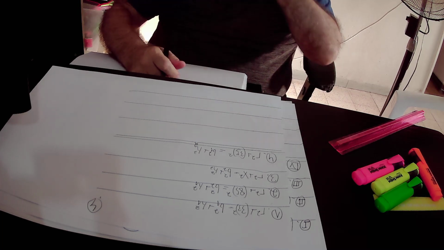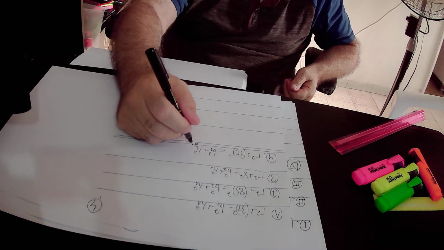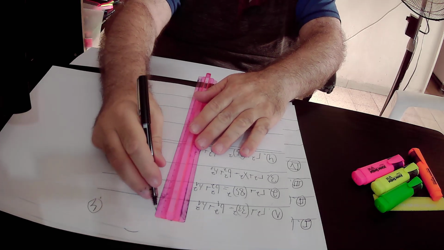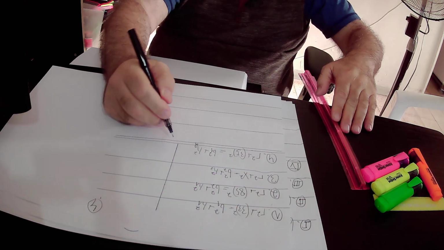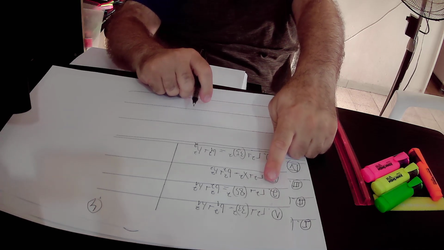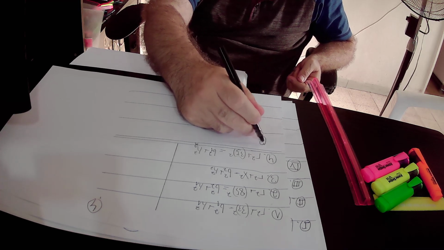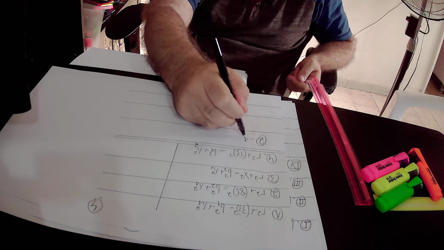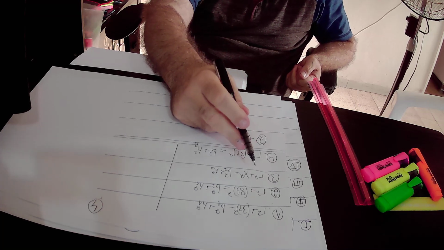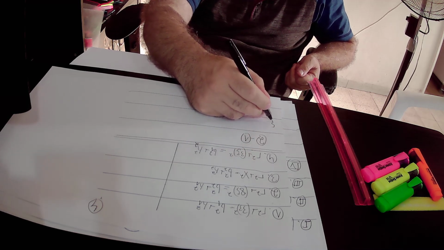So we have here 4 new equations, and in the next step we subtract equation number 1 from equation number 2. That is to say, 2 minus 1. So this will be equation number 5.